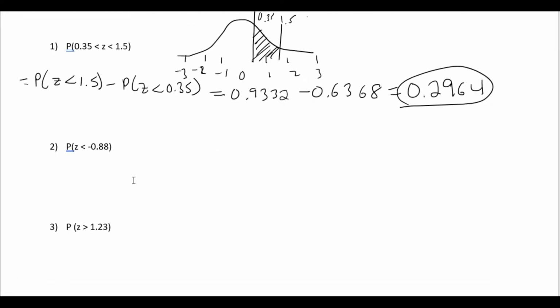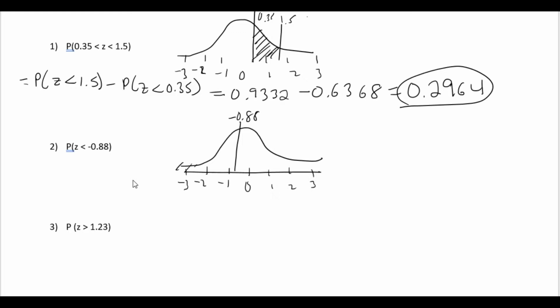All right, so now we're going to the next one. So this one wants us to do less than negative 0.88. Draw the bell curve. So negative 0.88 is around here. And we want to the left, so we're going to shade to the left. All right, now we're going to use the table value. So all we're going to do is look up that table value, and that will give us our answer.